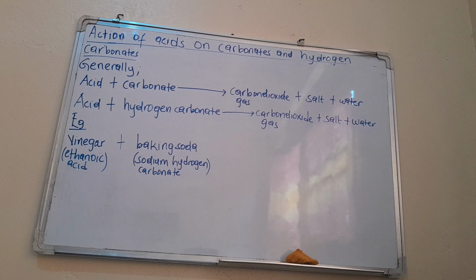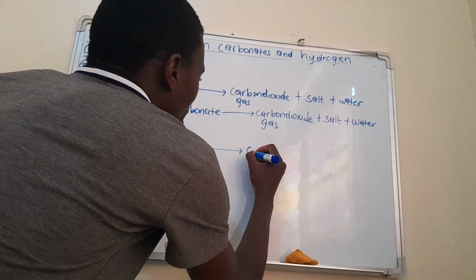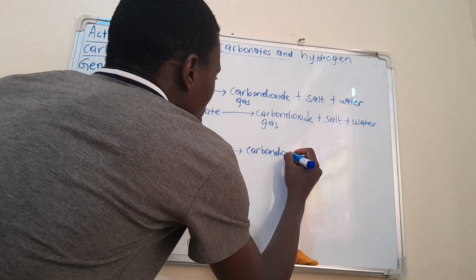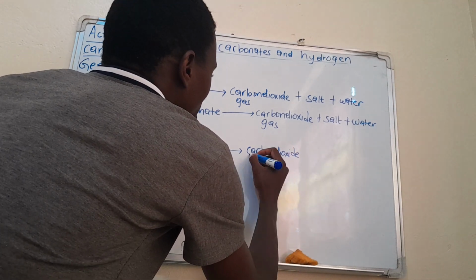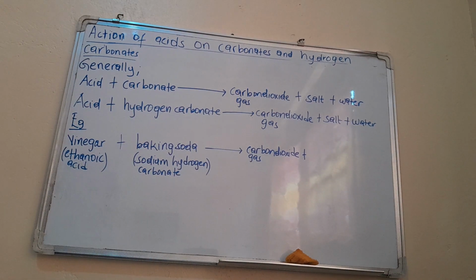Now this baking soda, when you react it with vinegar, you'll form carbon dioxide gas, then plus a salt.